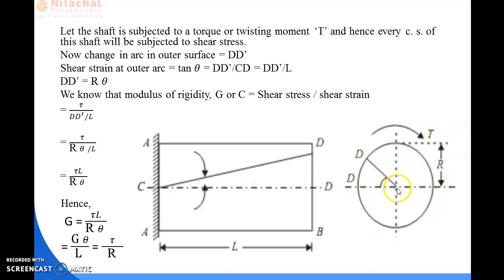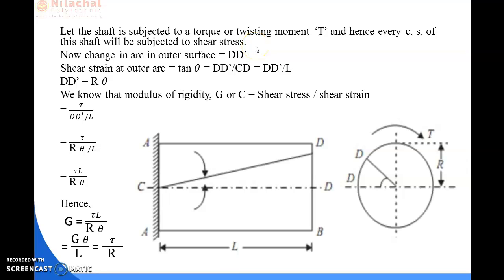Capital R is the radius of the circular shaft, T is the twisting moment or torque, and this angle is the angular displacement due to the torque T. So now let the shaft be subjected to a torque or twisting moment T, as you can see in this figure, and hence every cross section of this shaft will be subjected to shear stress.